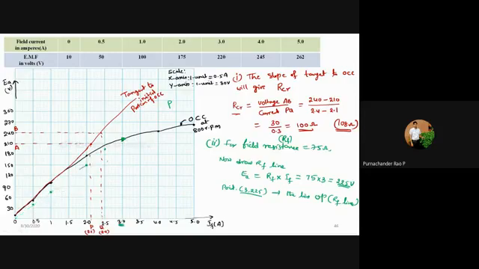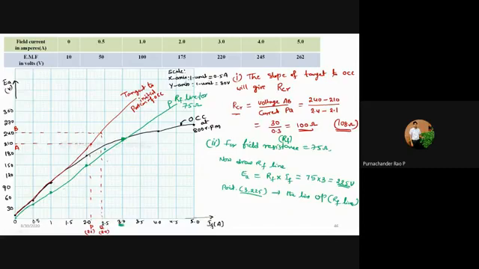This is a straight line passing through the origin. Join all these points, and this is nothing but the RF line for 75 ohms.